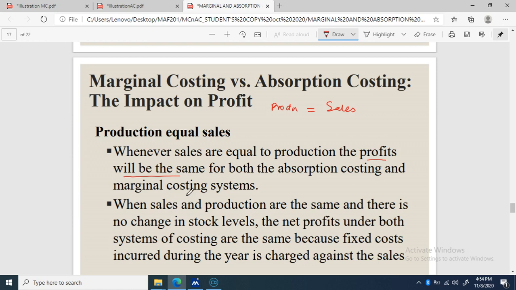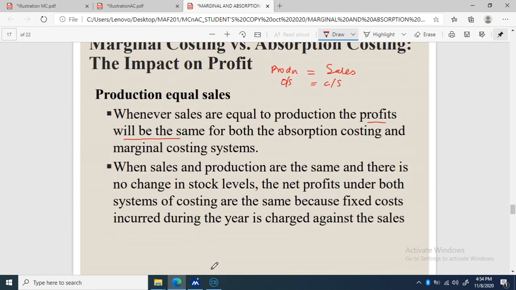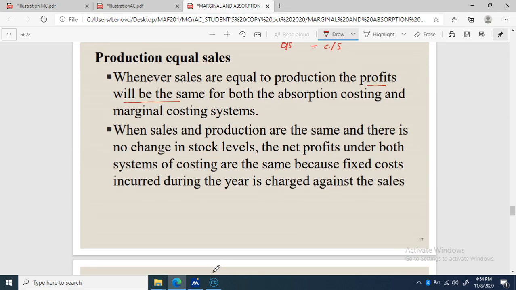So when sales and production are the same, there are no changes in stock. That means the opening stock and closing stock are equal. No changes in stock level. So the net profit under both is the same because the fixed cost incurred during the year is charged against the sales in the same year.